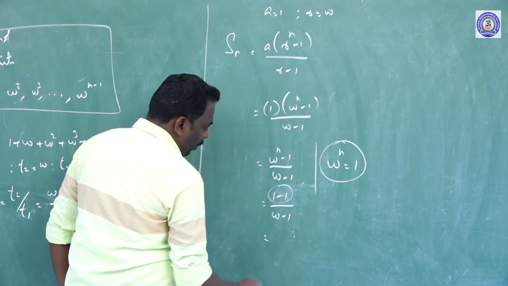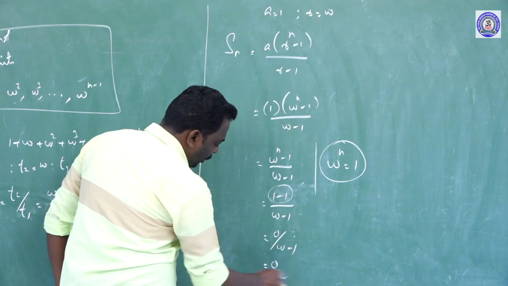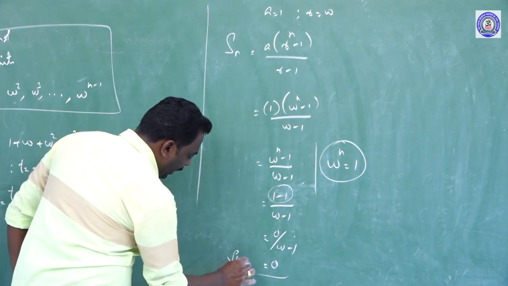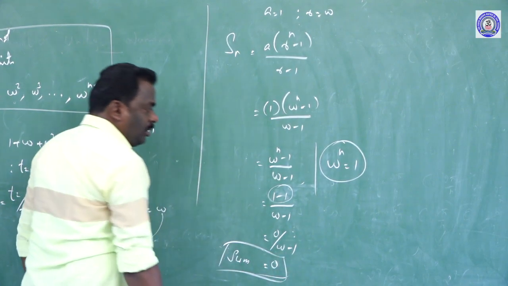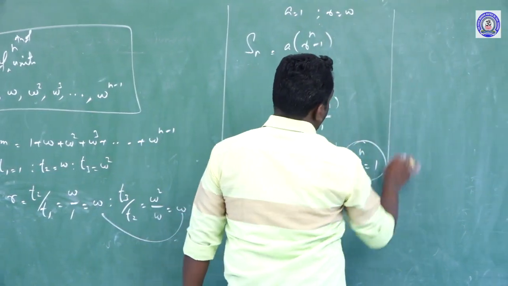Therefore (1 - 1)/(ω - 1) equals 0. Therefore the sum of all the roots equals 0. And similarly we have proved the product also.